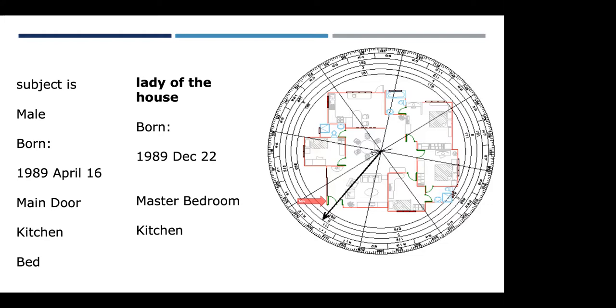Correct? 1990 is what? The one you have to convert into 5, and 5 you have to convert into 8 when you go back to the 0. So where's the door? The door has nothing to do with her. She's for the master bedroom and the kitchen because she's the lady of the house.